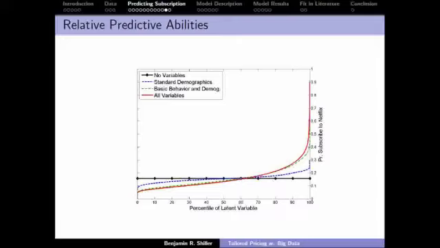And as you see, as you add more and more information, the range of prediction goes up. And so for some individuals, the probability that they subscribe to Netflix is as high as 0.91, and for some people, their probability is essentially 0. And you can see also differences, not just in the most extreme, you can also see them at different percentiles of the distribution.